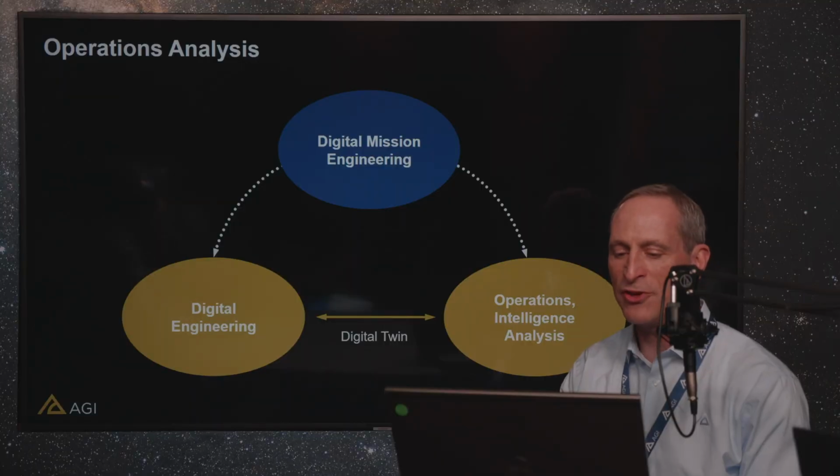So there's an important ecosystem here over and above the effectiveness of digital mission engineering that is enabled through the collaboration of the engineering processes along with operations and intelligence analysis.